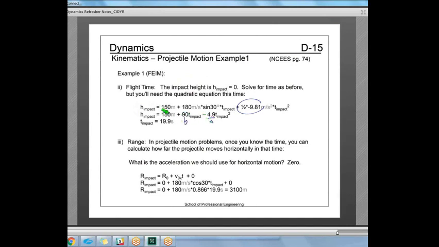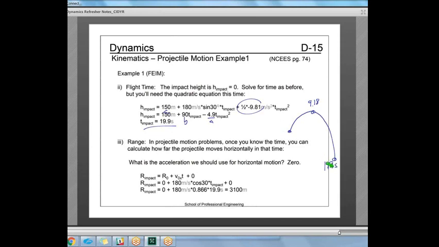Applying the quadratic formula to this problem, the 1/2 a turns into a negative 4.9. So that's our a value for the quadratic formula, there's our b value, and there's our c value. The time at impact turns out to be 19.9 seconds. So it's kind of interesting that we launch up here.